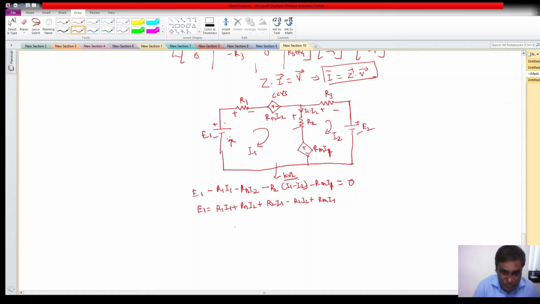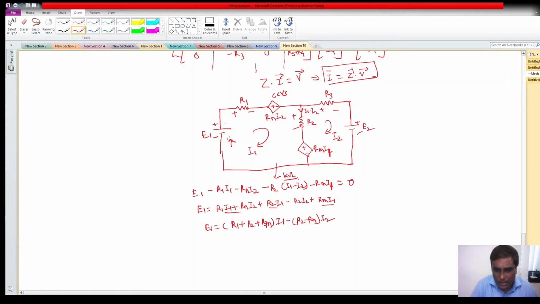I can write this as E1 equals R1 plus R2 plus Rm into I1 minus R2 I2, so this will be R2 minus Rn into I2.